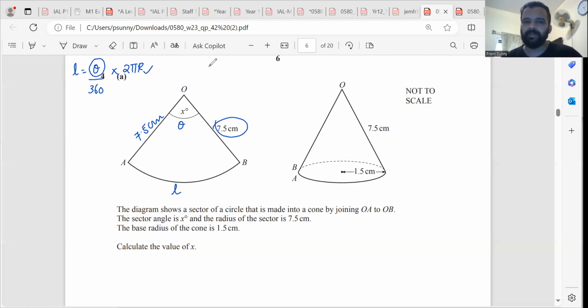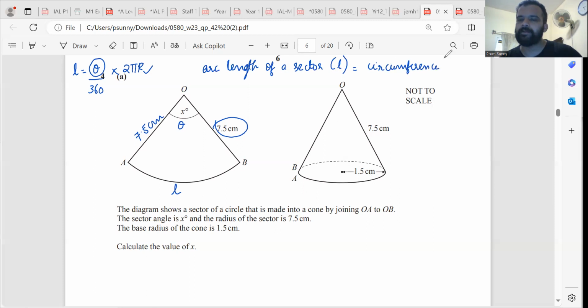So we need to know that the arc length L of a sector will be the same as the circumference of the circle formed by the cone. We know the formula for circumference is 2 pi r.